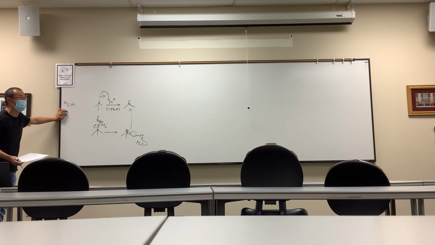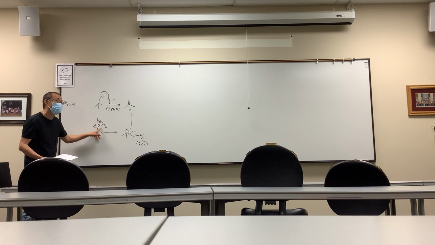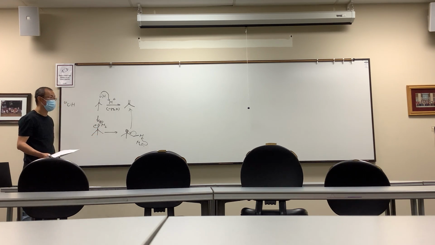Leaving groups are all weak bases. We learned leaving groups are conjugate bases of strong acids, so they're all weak bases. So in order to make OH a good leaving group, I need this to be protonated first.